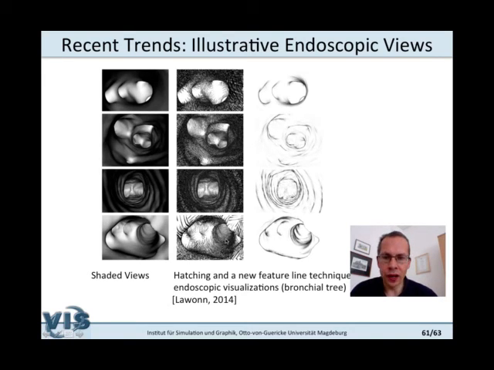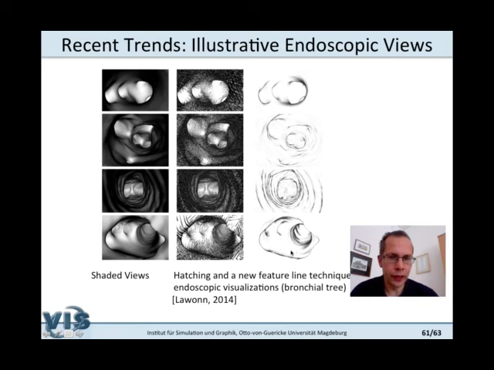And these are structures where hatching is incorporated in order to reveal details of the surface. And here another feature line technique is incorporated. It was all developed by Kyla Won, who was a PhD student in our group. And that is still not optimized.